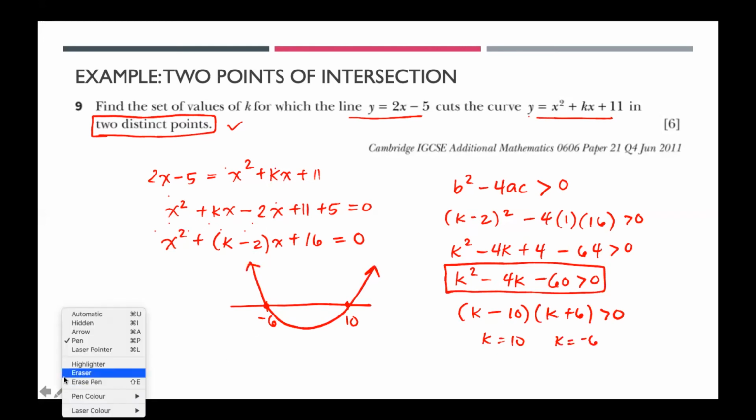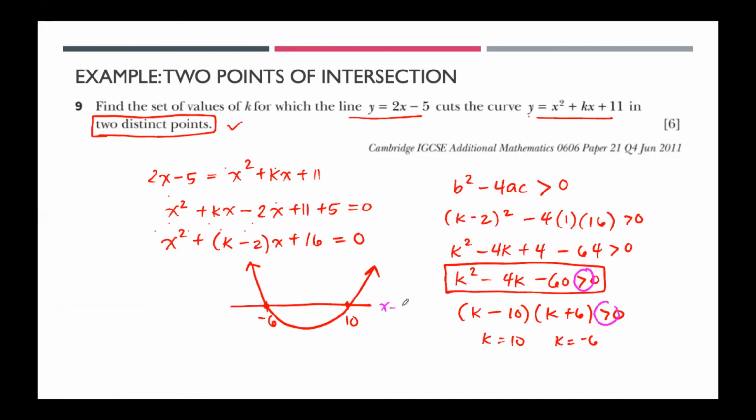And you have to remember that what we want is something that is greater than 0. So that means everything below the x-axis, okay, will be negative, and everything above the x-axis will be positive. So that means we are referring to this region right here.